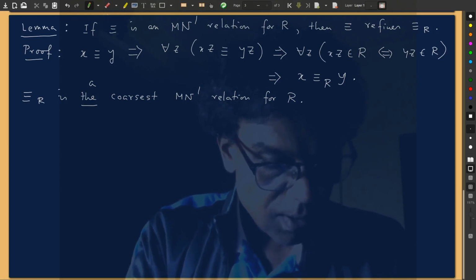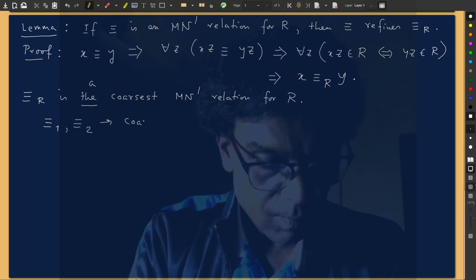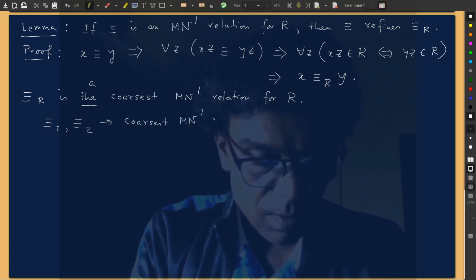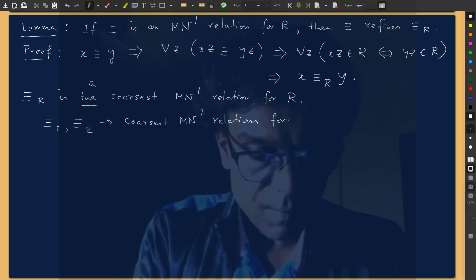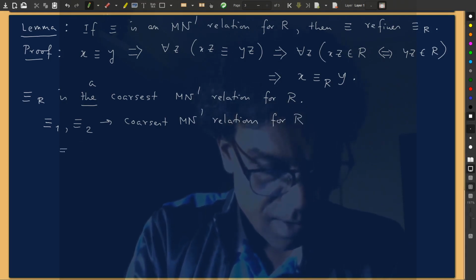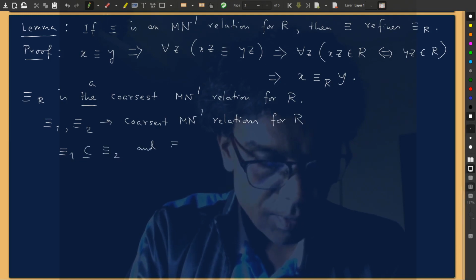Now, of course, if there are two coarsest Myhill-Nerode-type relations for the same language R, then by this lemma I have this contained in this, and also by this lemma this is contained in this.